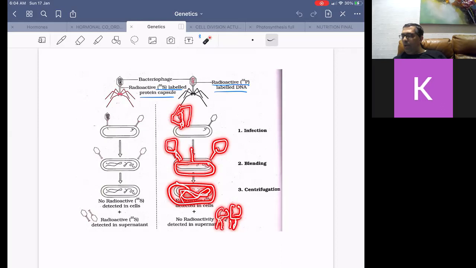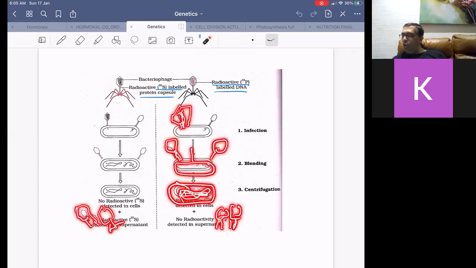So who has actually gone inside? Did S35 go inside or P32? S35 was detected in the supernatant, so it does not enter the bacteria. If S35 is in the supernatant, it has not infected the bacteria, which means the protein capsid never went inside. And proteins cannot be the genetic material.